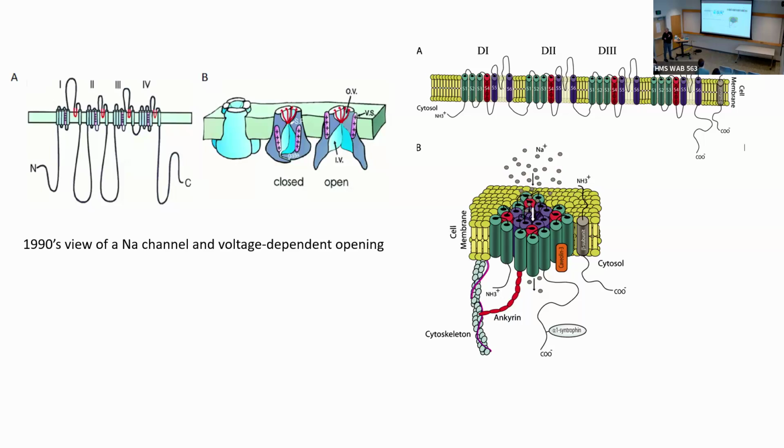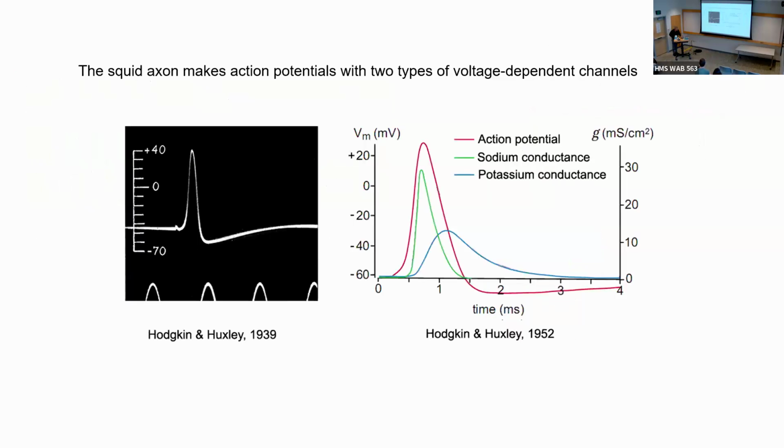And people found that if they mutated these, you would change the voltage dependence of the channel. So they concluded correctly that these are the voltage sensors. This S4 region moves from an inward position to an outward position when the membrane depolarizes, and that's the gating charge that controls the channel.